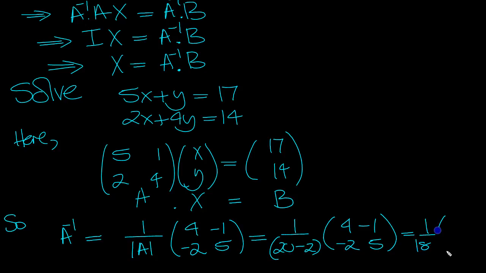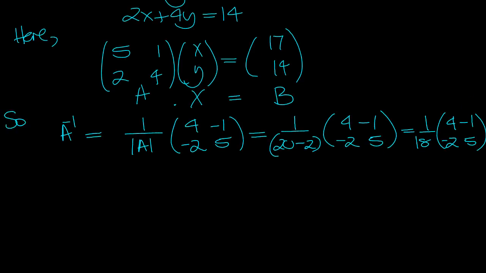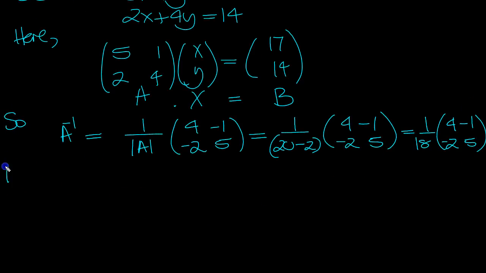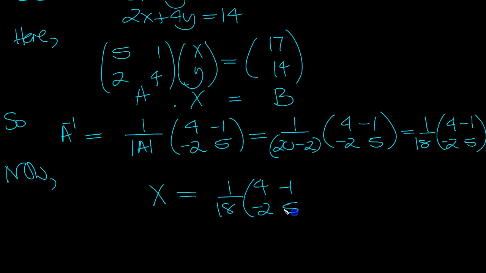So now we've worked out the inverse, we can write down the answer. Okay, good. Now, the X will equal, the answer will equal, which is this matrix here, A to the minus 1 times B, wasn't it?